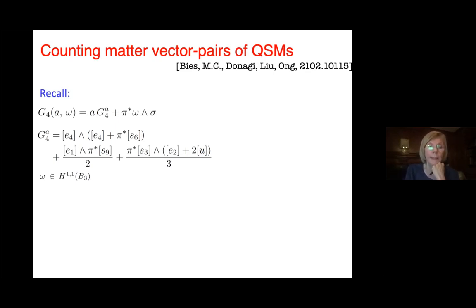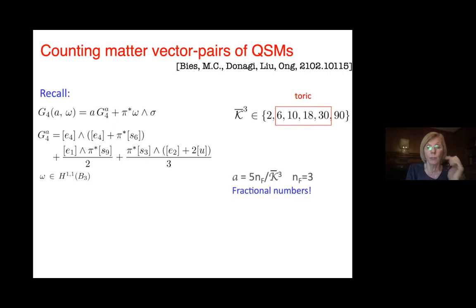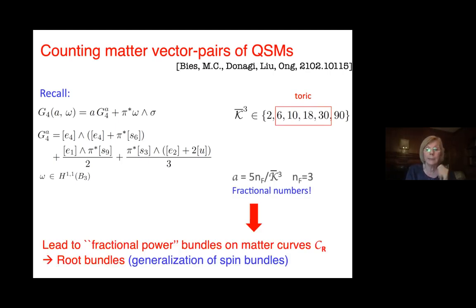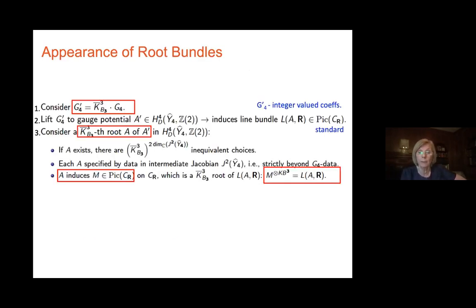So recall that this flux construction involved the coefficient A, which was a fractional number, and this leads us to the construction of bundles on matter curves that are the so-called root bundles, a somewhat generalization of spin bundles. So let me say in a few words how such root bundles appear.